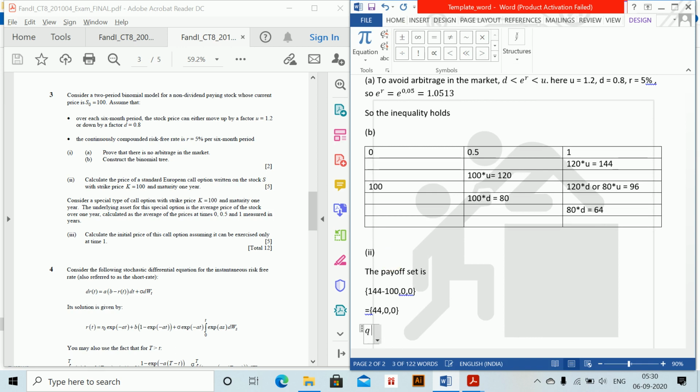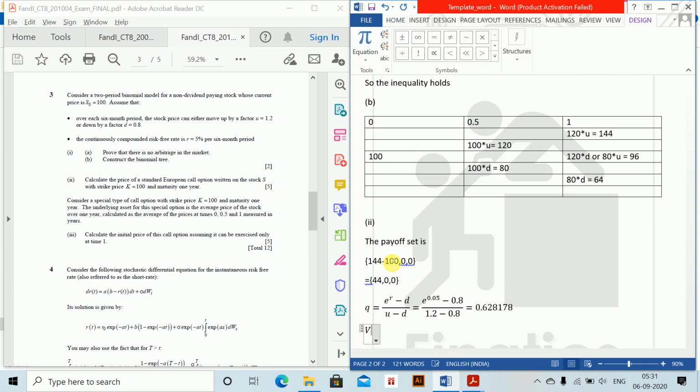Now q is equal to e to the power r minus d divided by u minus d. So this is equal to e to the power 0.05 minus 0.8 divided by 1.2 minus 0.8, which is equal to 0.628178.